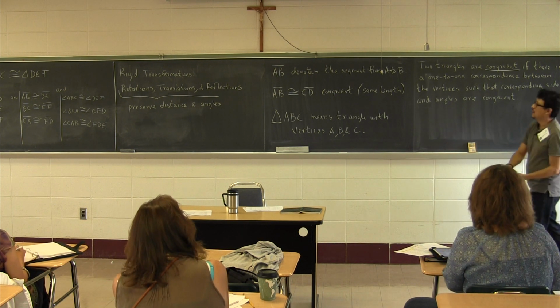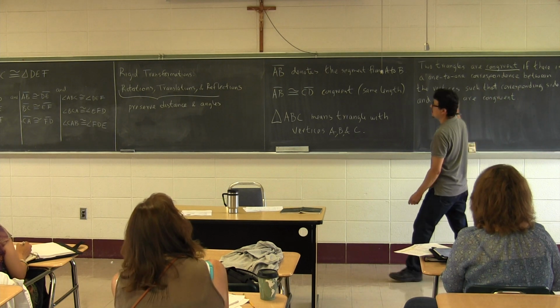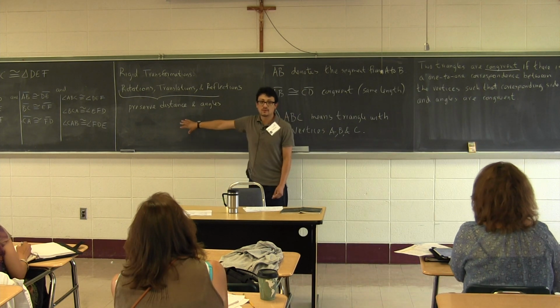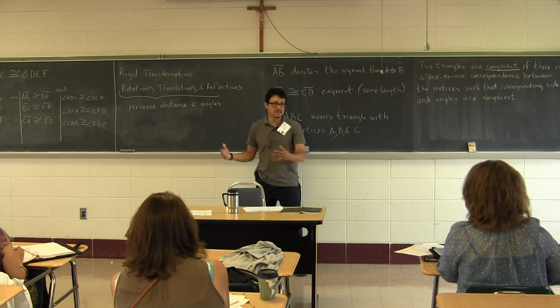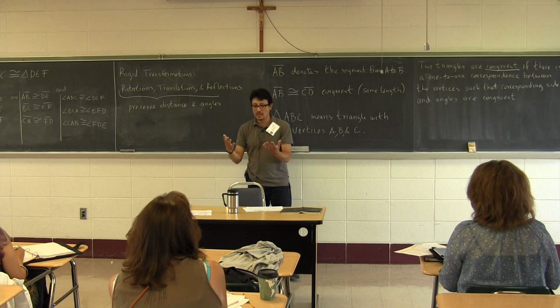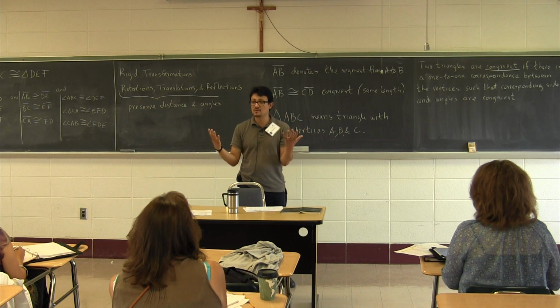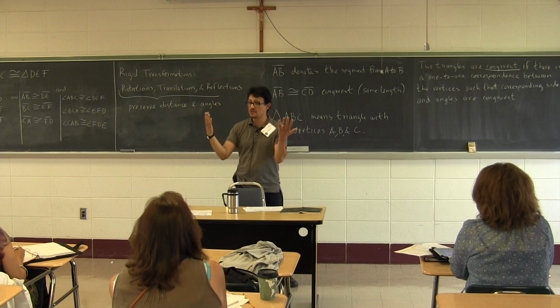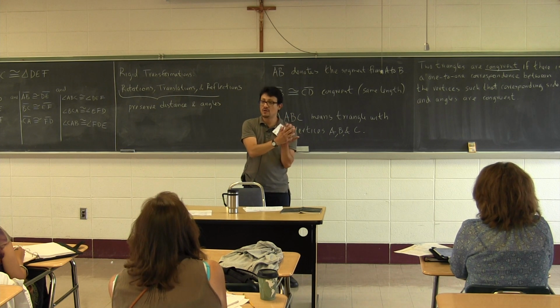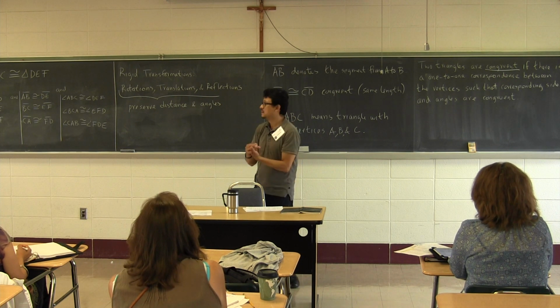So we can have another way of defining congruency using rigid transformations. Which one? Well, this is more general: we can say that 2 geometric figures are congruent if there is a rigid transformation that takes one figure into the other one.